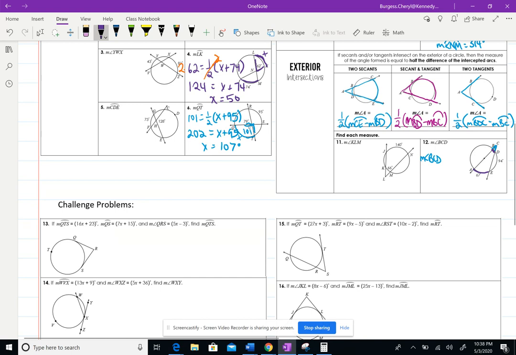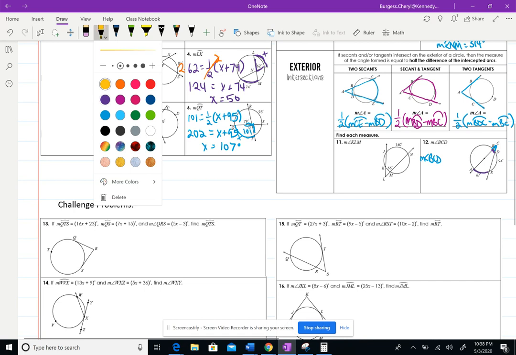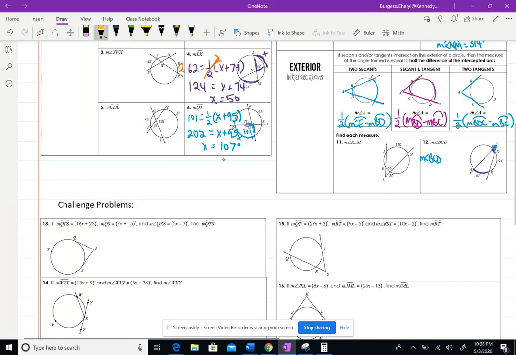Okay. So we know that from B to A, arc BA or AB is 180. How do we know? It's intercepted by a diameter. So diameter AB goes through the center. So this is 180.